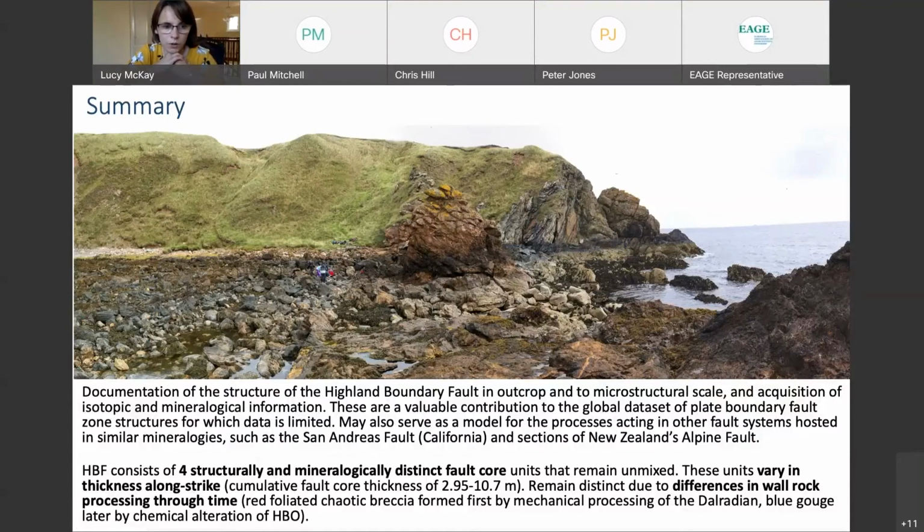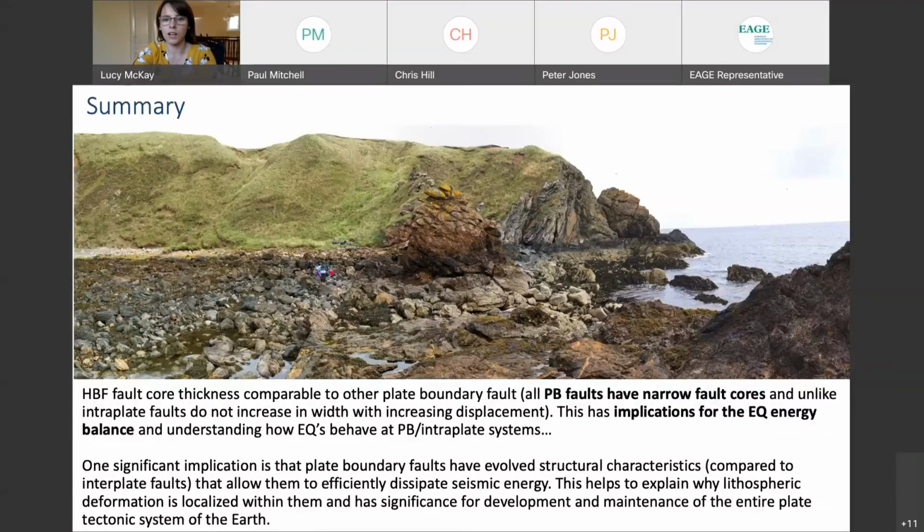The Highland Boundary Fault consists of these four distinct units that vary in thickness, and they remain distinct because of the differences in how the wall rocks have been processed. And lastly, the fault core thicknesses that we observe at the Highland Boundary Fault are comparable to other plate boundary faults. They all have narrow fault cores, which has implications for the earthquake energy balance and understanding how earthquakes behave and dissipate this seismic energy.